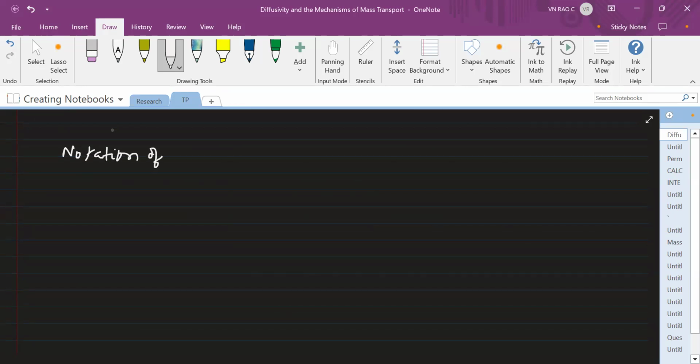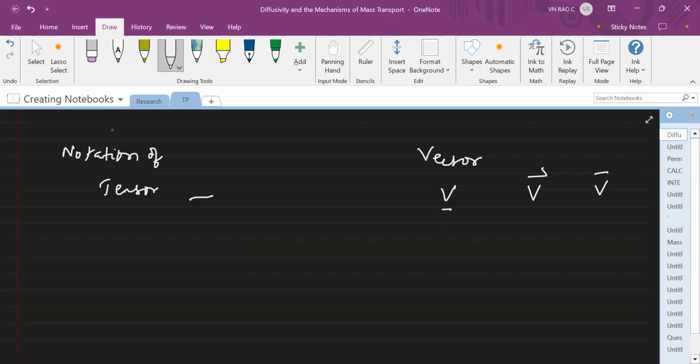Notation of tensor. Okay. See, generally, vector is given as v with an underscore, a bar under the letter, or we can write vector like this, or we can write vector like this. But in some cases, writing a bar over the letter is a little confusing.